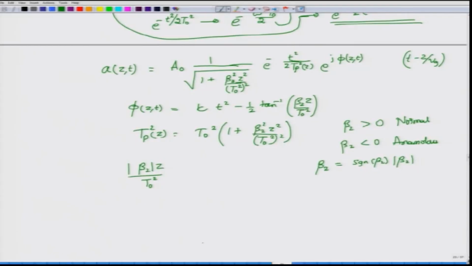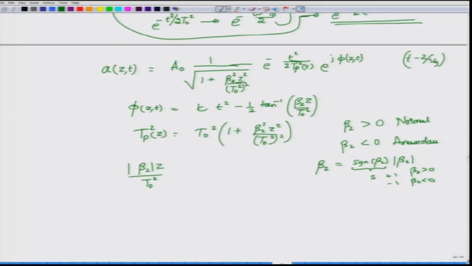So, instead of writing sign of beta 2, I am going to simply use a variable s which denotes the sign of beta 2. s could be either plus 1 or minus 1: plus 1 when beta 2 is greater than 0, minus 1 when beta 2 is less than 0, just to take into account that you have anomalous dispersion.